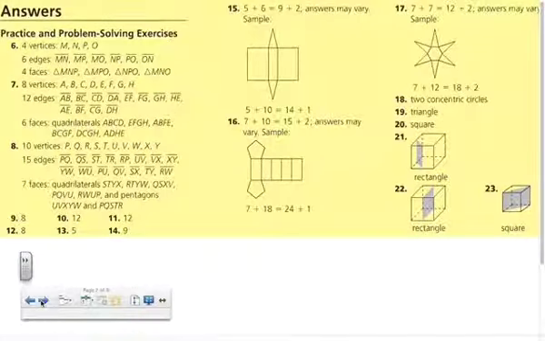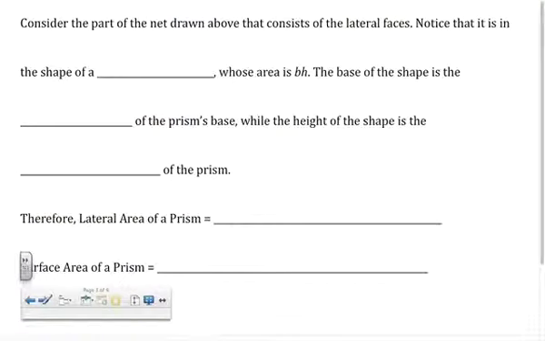Yes. So let's make sure that we're filling in these blanks together here. Okay, so that unraveled lateral faces part of our net is in the shape of a rectangle.